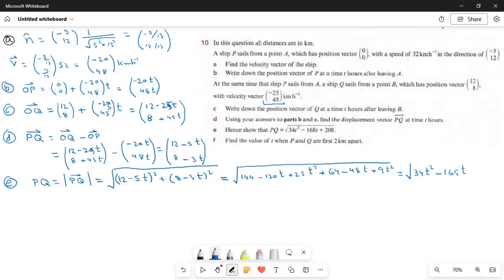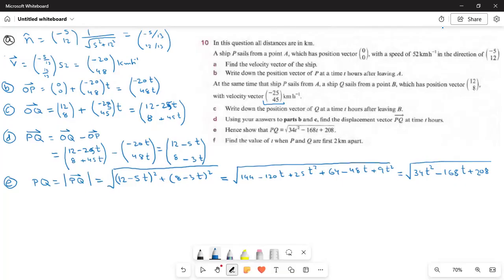I'm making mistakes again, so this is minus 168t. And finally, 64 plus 144 is 208, and the whole thing under the root. So this is the distance between the two ships as a function of time.